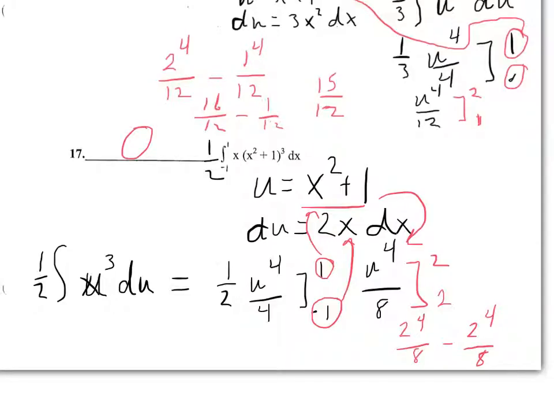Okay? Now, another thing you could have noticed is that this is an odd function, which is actually kind of tough to see, but it is. If you think about it here, everything's even powers on the inside of that parenthesis. So an even number plus an odd number is still even.